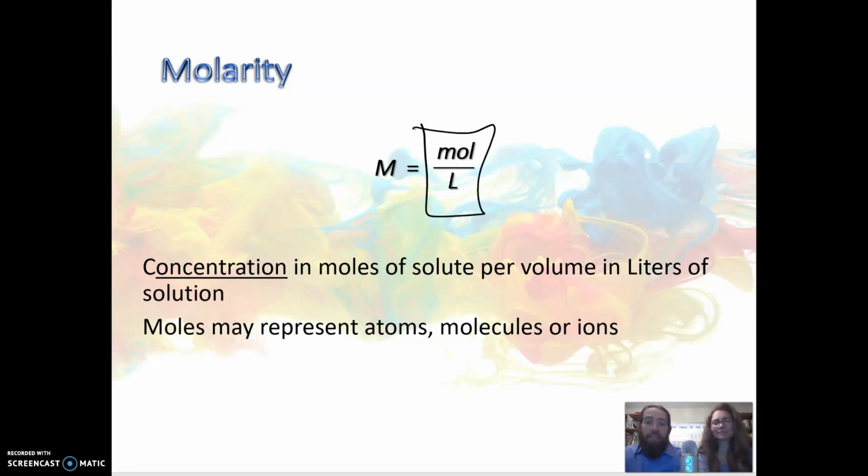It's moles of solute, that's what's being dissolved, salt, per volume in liters. So I don't like to write the big M. I like to write mole per liter. And anytime you see something with a big M, you can replace the big M with the mole per liter. And I think that's just helpful. And you'll see why when we start with these calculations.